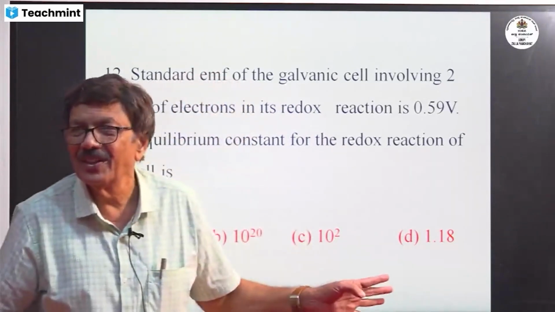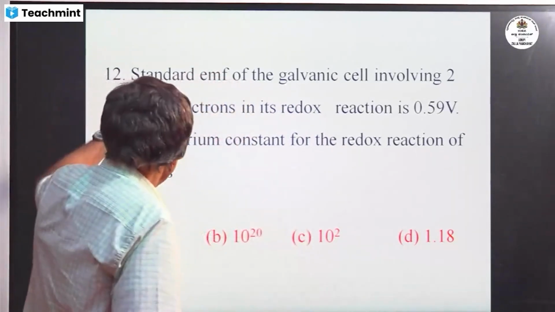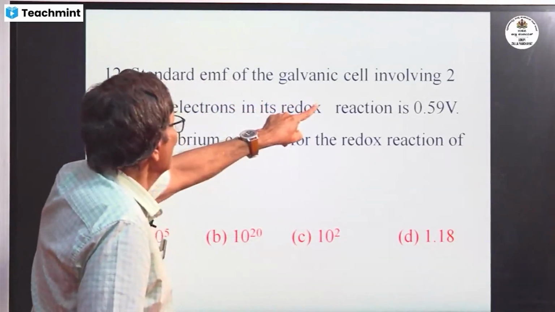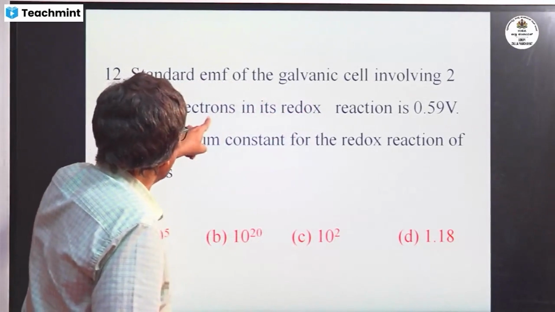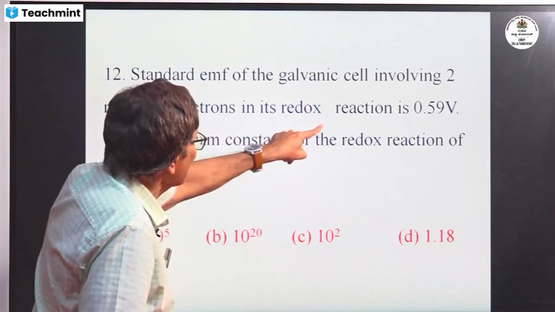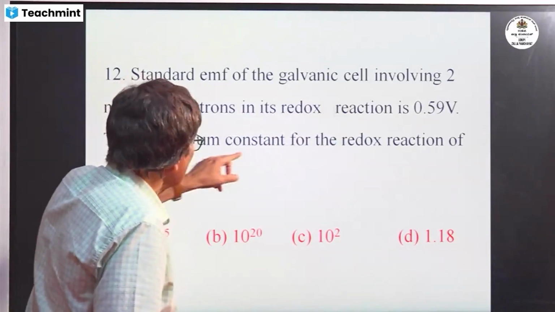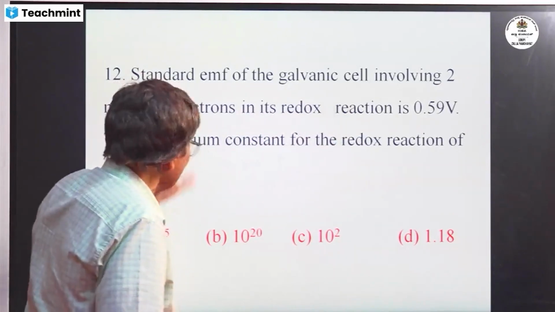Okay. The standard EMF of the galvanic cell involving 2 moles of electrons in its redox reaction is 0.59 volt. The equilibrium constant for the redox reaction of the cell is asked.